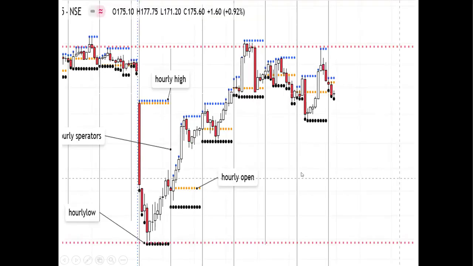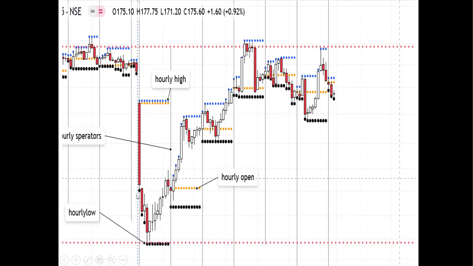Here I've taken the screenshot of the indicator. See, this is the indicator of the 24,800 call option, morning hourly high. It has plotted the hourly high in blue color and the open has been plotted here. Whereas on the underlying Nifty spot chart, it opened and made a high.